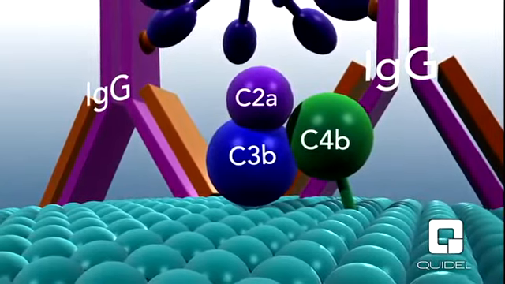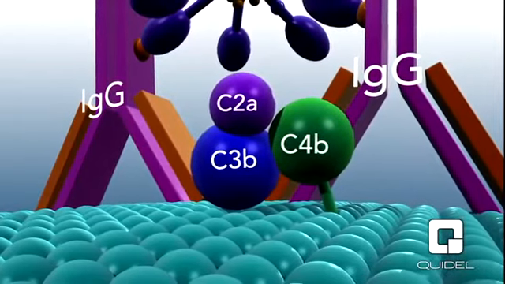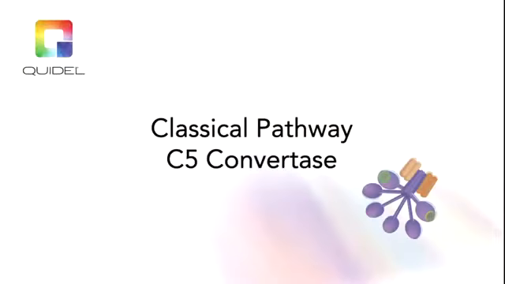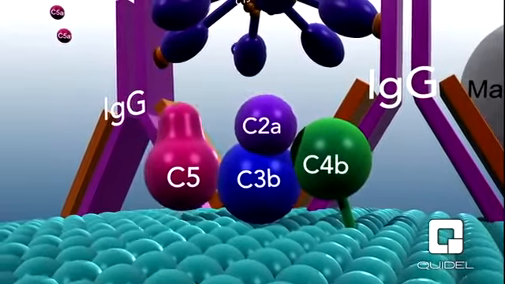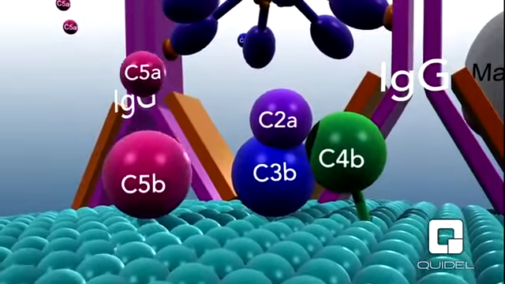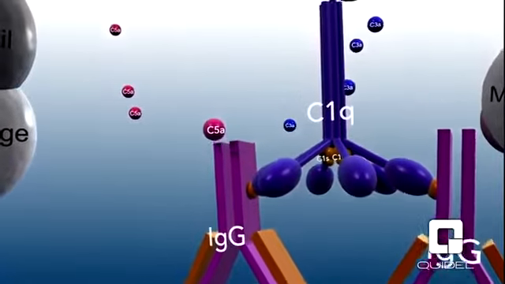This multimolecular complex is called the C5 convertase of the classical pathway and is specific for cleaving C5. Classical pathway C5 convertase. The C5 molecule is cleaved by the C5 convertase into C5a and C5b, both of which mediate important host defense functions of the complement system.